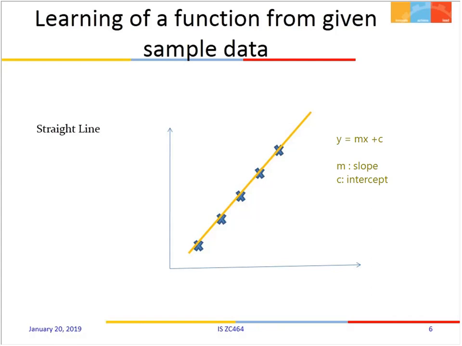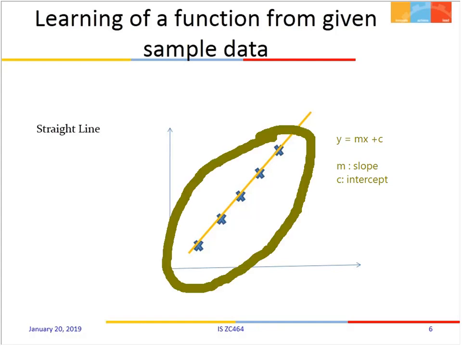How is it possible? Based on the data that has been used for training, that means these 5 points, we were able to find this m and c, such that no point is left out. This is where human optimization skills worked well.